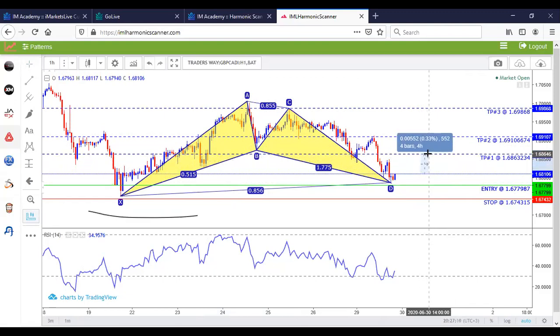So that will be 55 pips. Yeah, 54 to 55 pips. That will be TP1. TP2, 101 pips. TP3, close to 176 pips. So that's how you determine how many pips you're going to get out of this market. All right, and that is it about Harmonics Scanner for now.